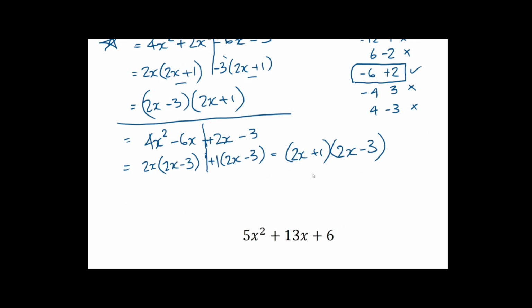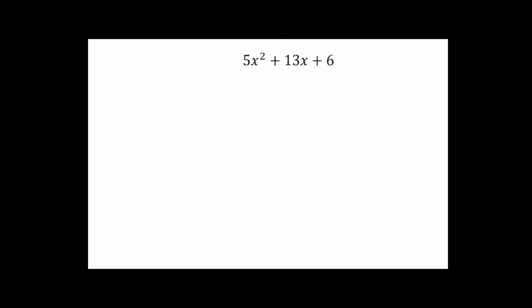Finally. Oh, no. One more. Okay, 5 and 6. Obviously, when we multiply them together, we get 30. And we should be pretty good at getting these now. It's going to be 10 and 3.